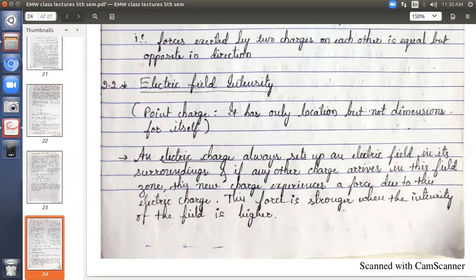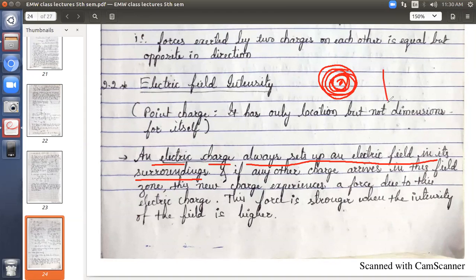Electric field intensity. Before defining it, we have to know this. An electric charge always sets up an electric field in its surroundings, right? If there is one charge present in a space, a certain field gets set up around that charge.